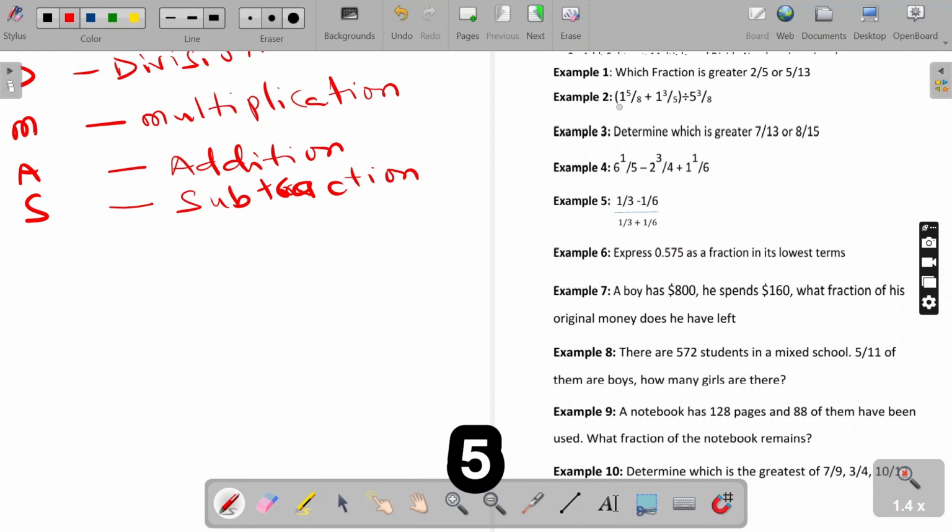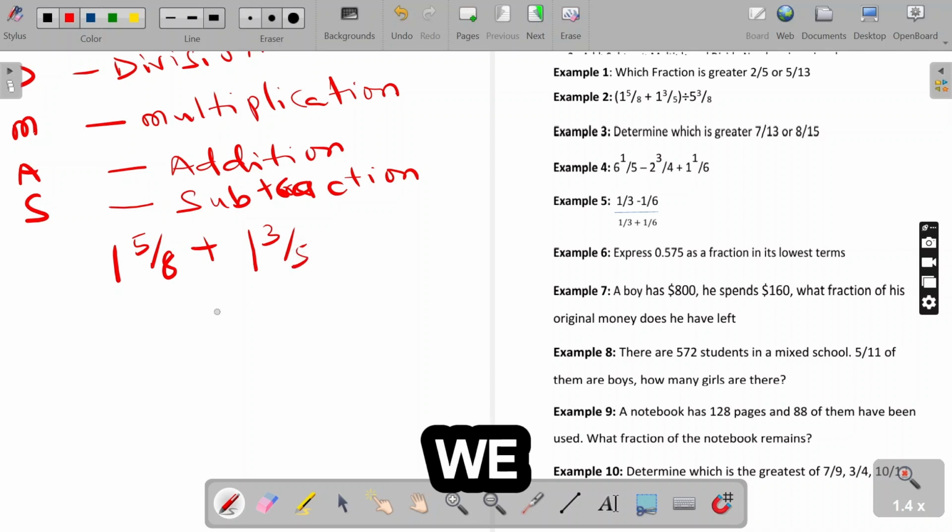So we have 1 5 over 8 plus 1 3 over 5. You are going to solve the bracket first. So that will give us 1 5 over 8 plus 1 whole number 3 over 5. What do we do? We find the LCM. LCM of 8 and 5 is 40. Put 40 here.